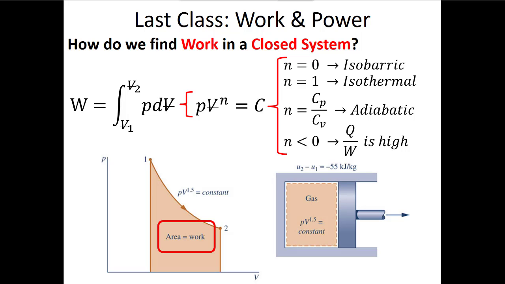That's one of those fancy engineering words. It means that the heat transfer between the system and the surroundings is 0, so that our system is well insulated. And if n is less than 1, Q is very high relative to work. So there's different physical interpretations of the different versions of this equation that we can come across.